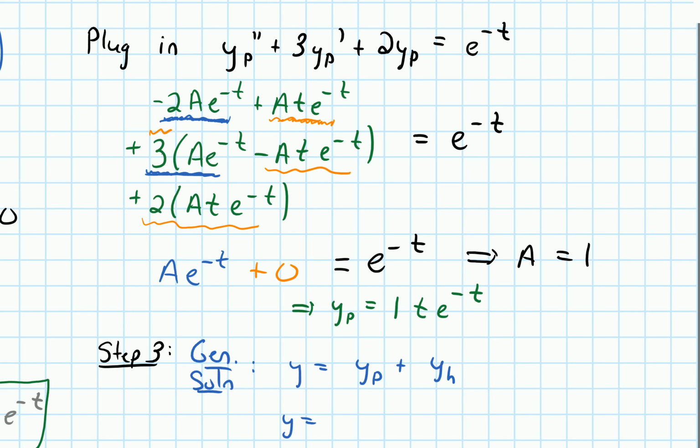So we get y equals, and yp was t times e to the negative t, and the solution to the homogeneous equation, recall that that was c1 times e to the negative 2t plus c2 times e to the negative t. So that is our general solution.